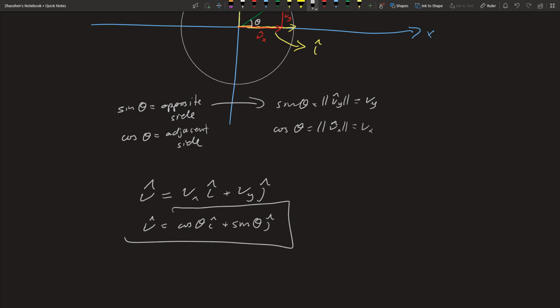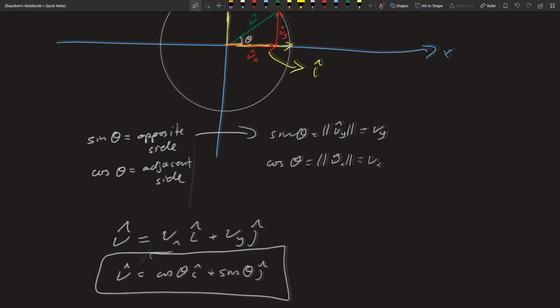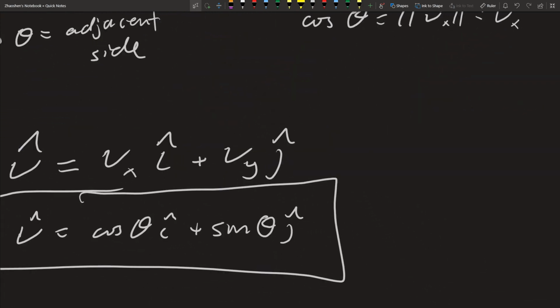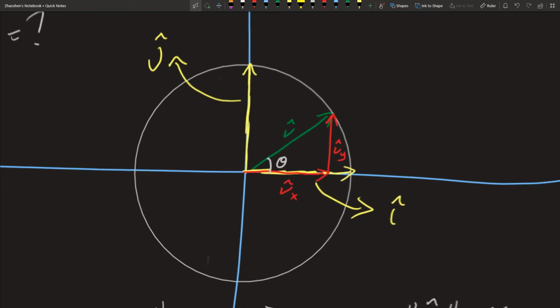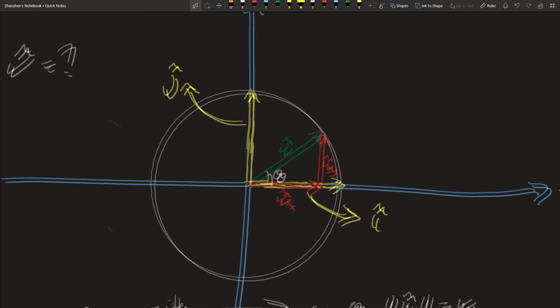This is how you write any unit vector based on only three things. The angle, which you have, and then the two unit vectors, which you should know: I hat is the one pointing towards the positive x direction, and j hat is the one pointing towards the positive y direction.